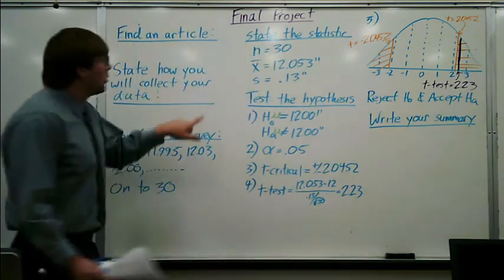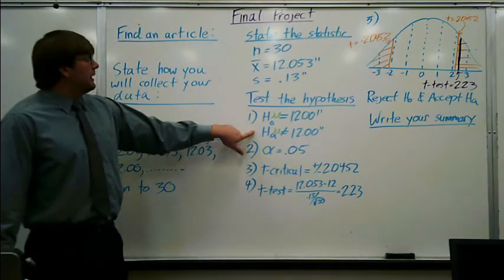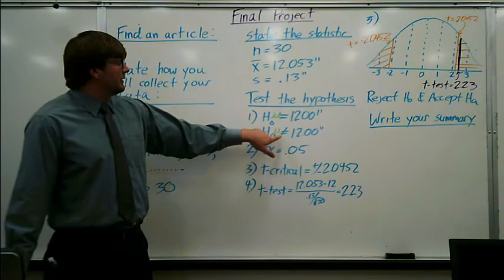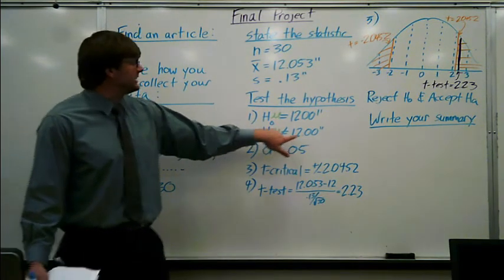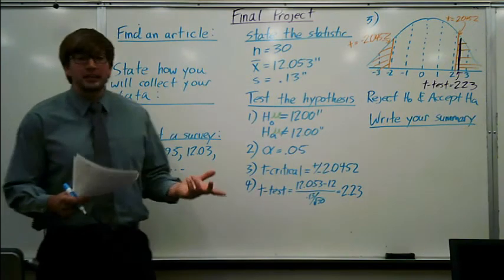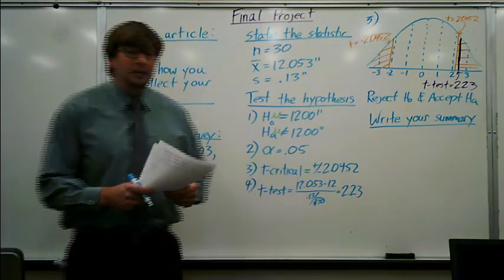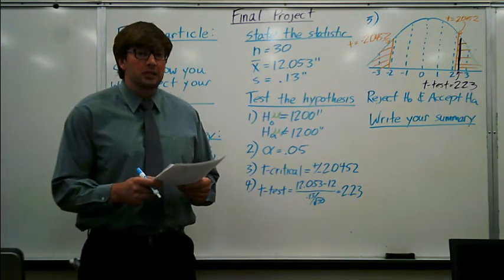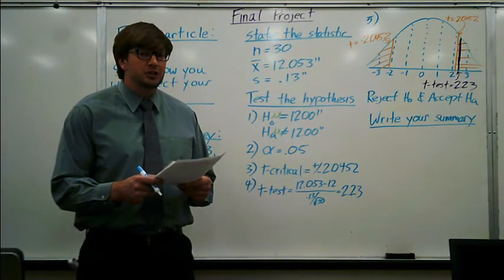So we accepted that the population mean is not equal to 12 inches. So the answer to this would just be a sentence: the mean width of the bricks at Home Depot is not equal to 12 inches.